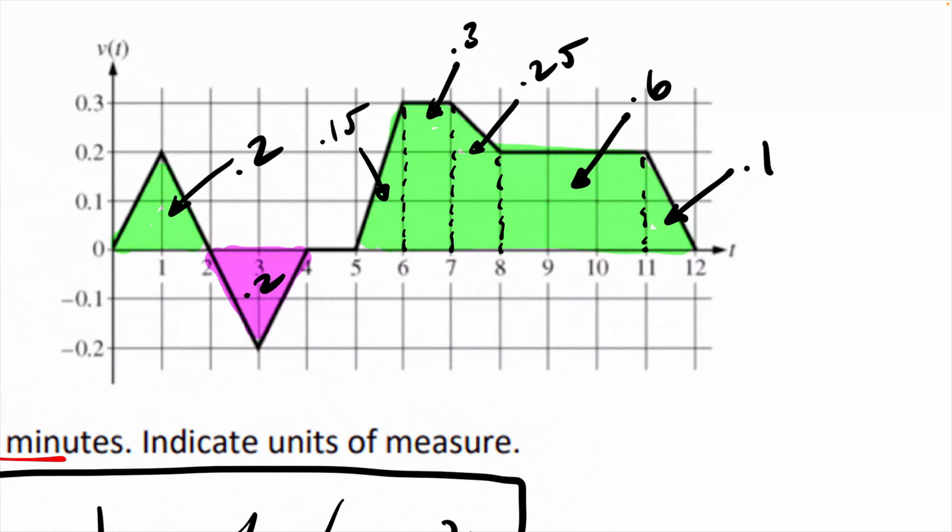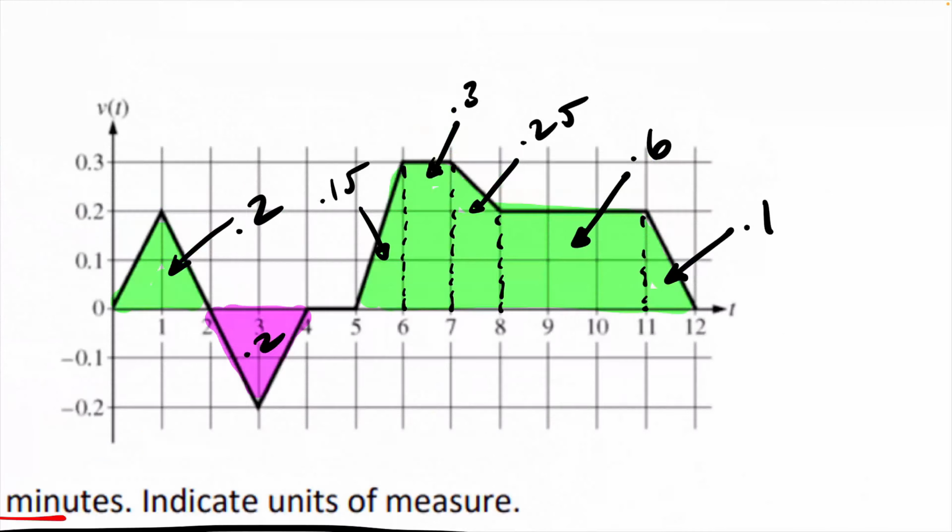We have to figure out when, from 0 to 12 minutes, what minute in her travels did she have to double back home? 2. How do you know it's 2? What makes you say 2, that time 2? Because at time 2 she lost velocity and went back. So velocity changed signs, right? So when velocity changes signs, or when velocity is 0, what does that represent?